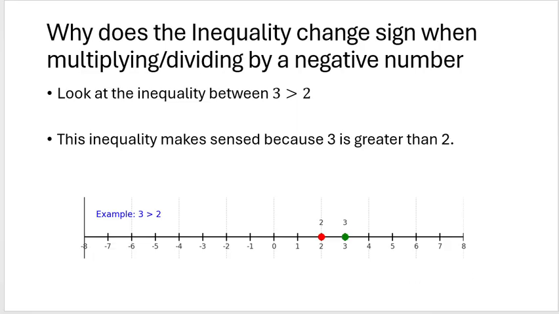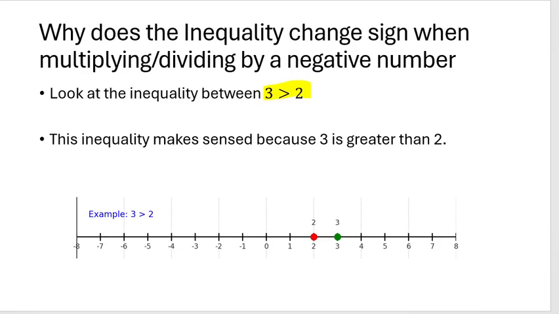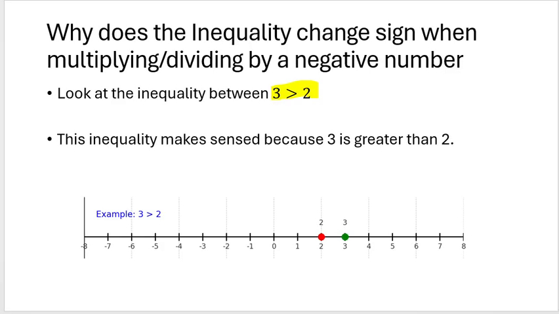So let's just compare this inequality. 3 is greater than 2. That makes sense, yeah? Because we both know that 3 is greater than 2. So let's just mark it on the number line, yeah? Green being the number 3 and red being the number 2.